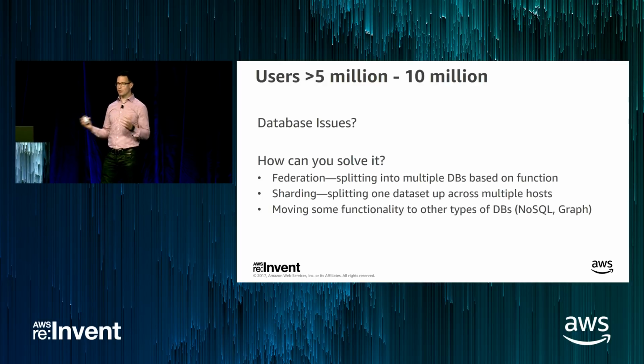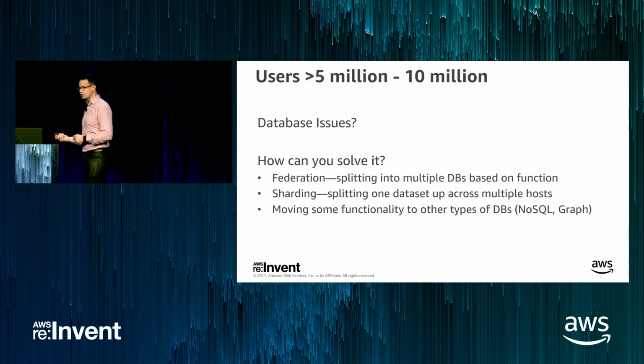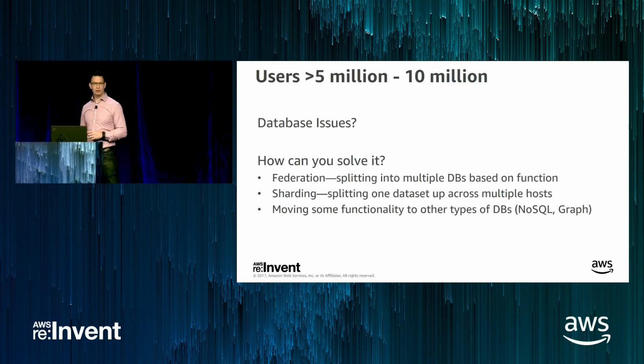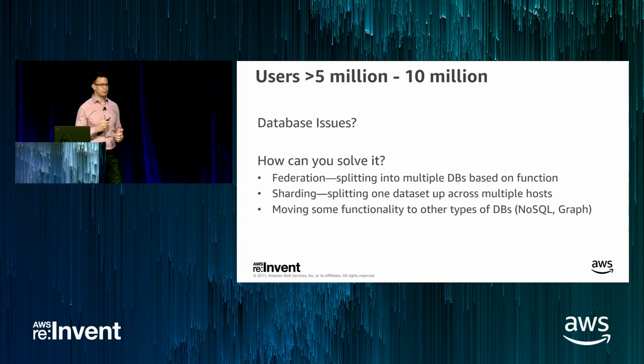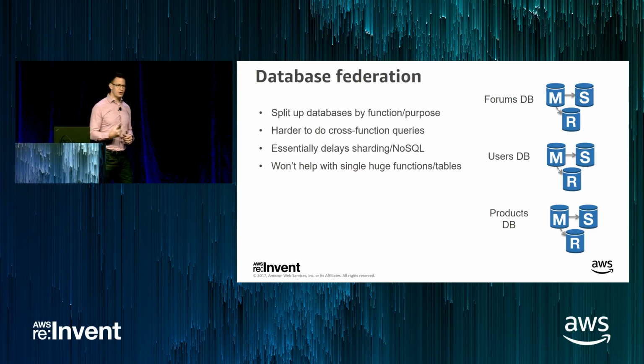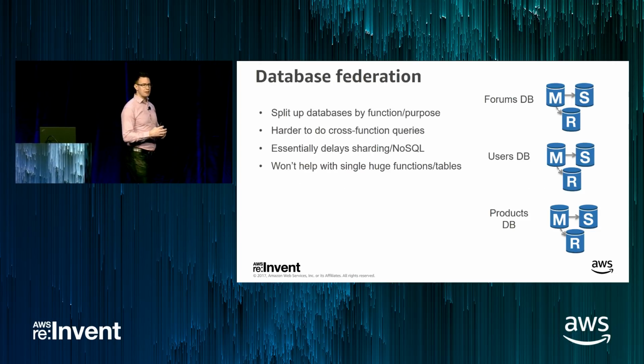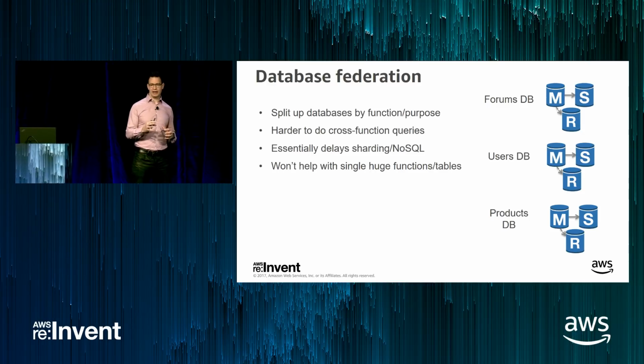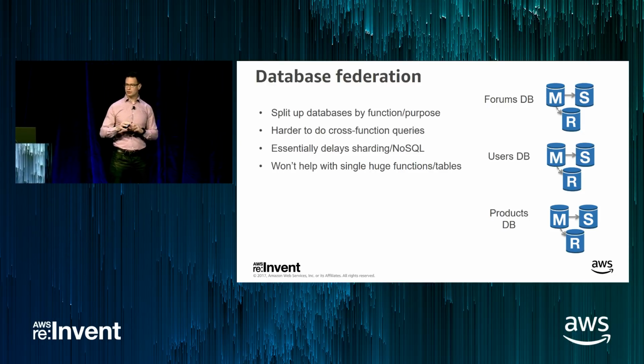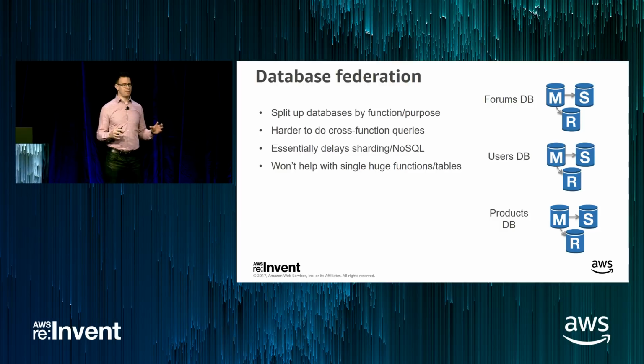But depending on what scale we're looking at, we may need to take some action to help us deal with this contention on the database. We can do that with federation and sharding, and also taking more advantage of NoSQL. So federation, what that means is breaking our database tier down into individual components based on the domain.